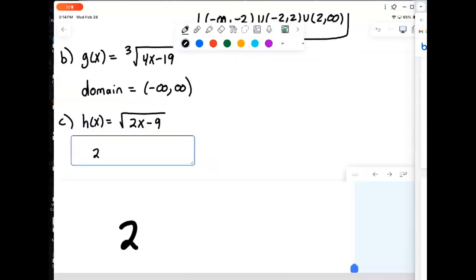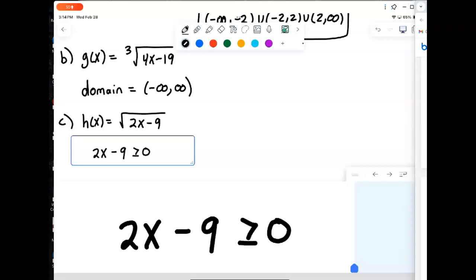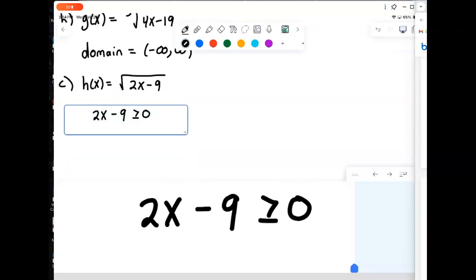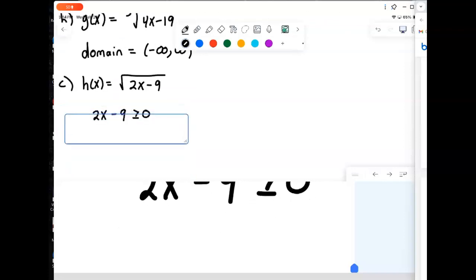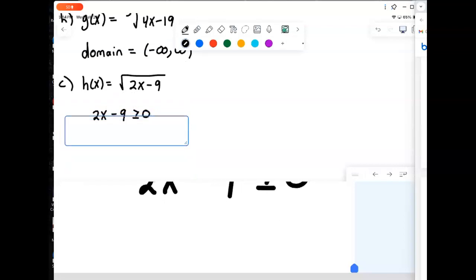We solve the inequality 2x minus 9 greater than or equal to 0. Right? So we have to solve this inequality here. So we do that. So to solve the inequality, we bring the 9 over.